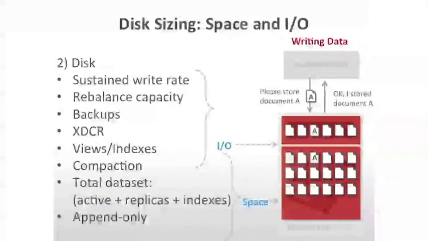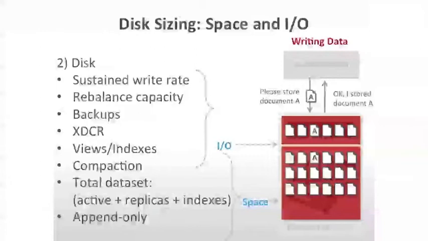Moving on, disk sizing is a combination of both space and I/O. Space is usually not a huge requirement, but if you're in, for example, Amazon EC2 where you're constrained by the amount of disk space you have, making sure that you have enough becomes an important factor. If you're in your own data center and you have multi-terabyte disks, it's unlikely that that space is going to be a problem for you.